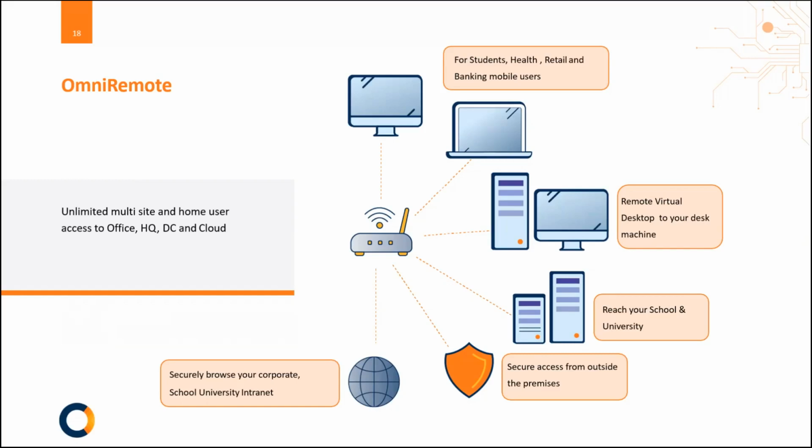It also applies to healthcare, of course, the retail banking who are accessing from mobile devices, and many organizations and institutions who want to have consistent policies between their headquarters and the branches and their users working remotely. They want to control the browsing, control the access to applications. All this is done through our Omni Remote solution.